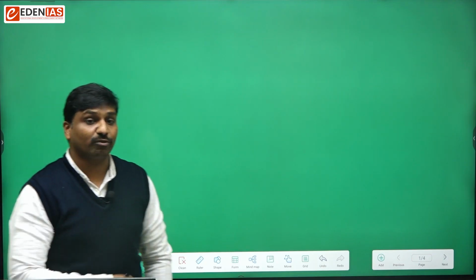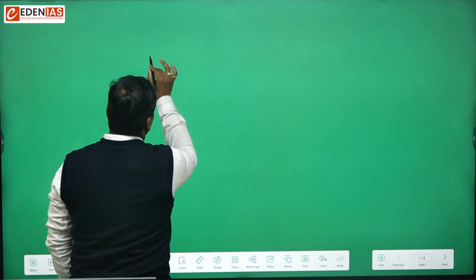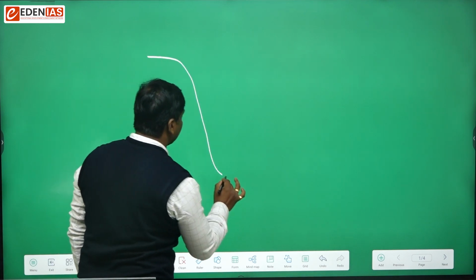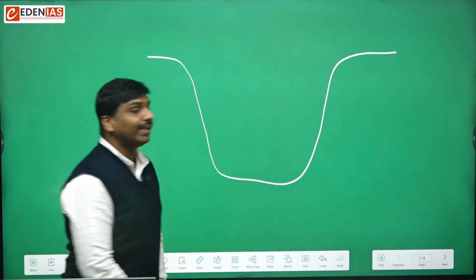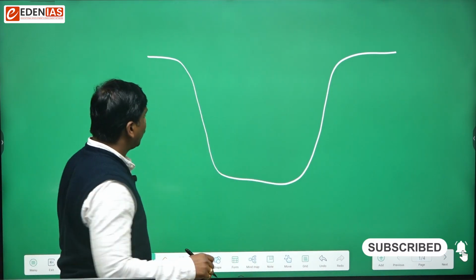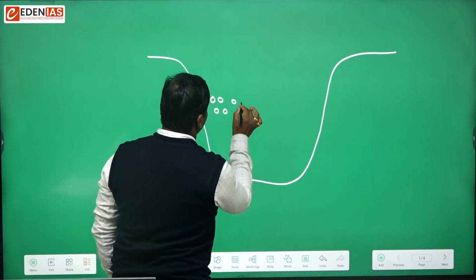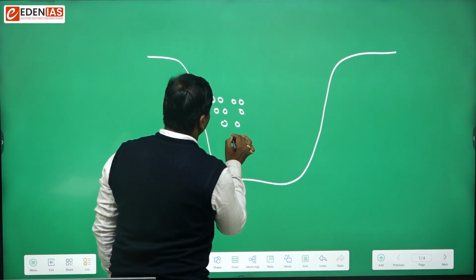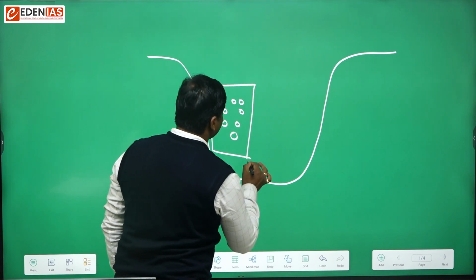Let's talk from the perspective of dissolved oxygen. If we take any water body, can we expect the presence of some organic matter? Yes, some organic matter would be present. Just for representation purposes, I am drawing it in a segregated way.